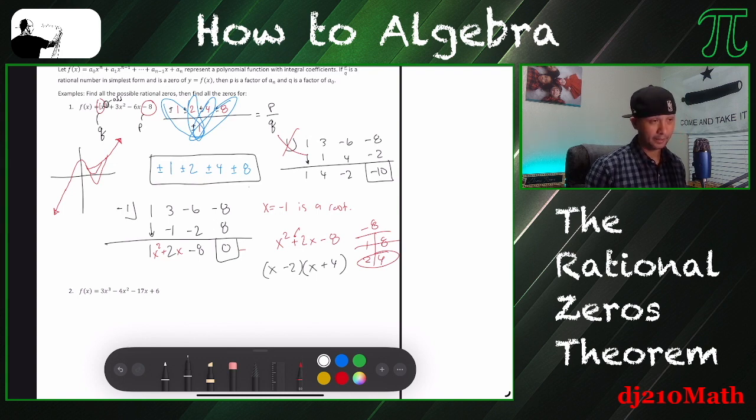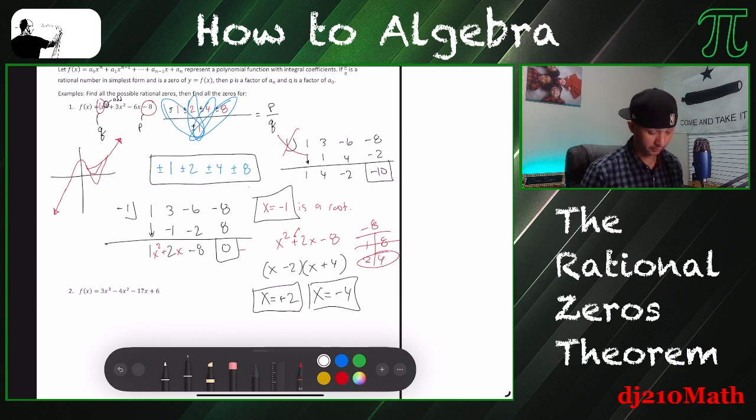Okay. Since it factored, my roots are going to be x equals -2. Actually, x equals +2, because you set it equal to 0 and basically flip the sign. And x is equal to -4. So the three roots are as follows: -1, 2, -4.